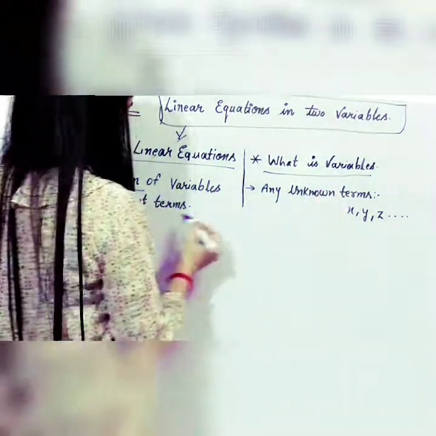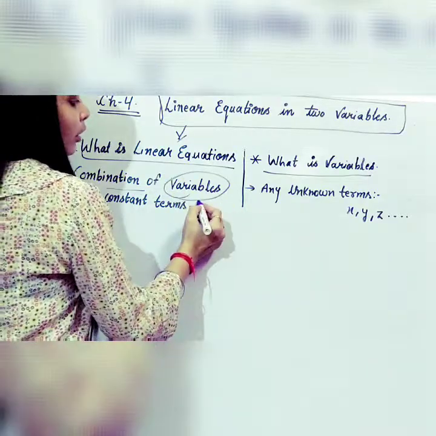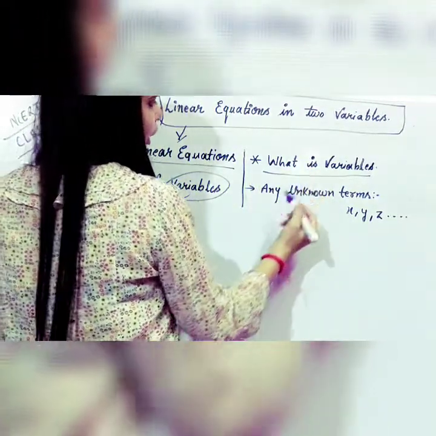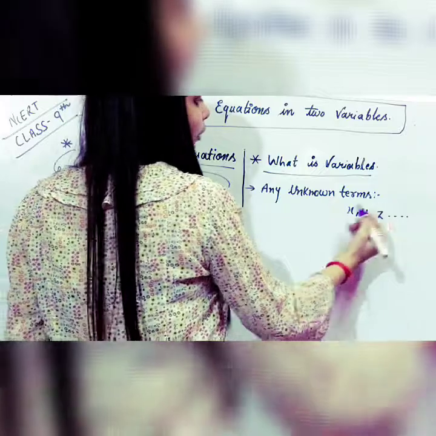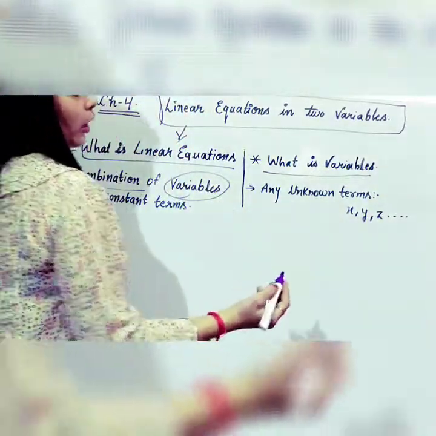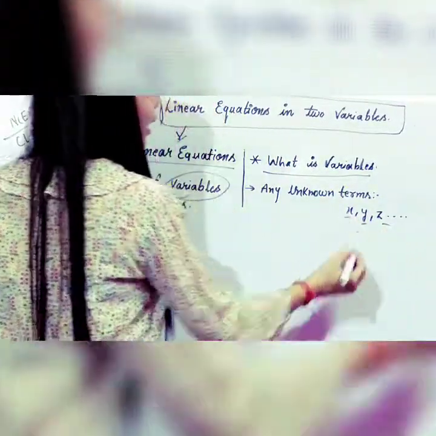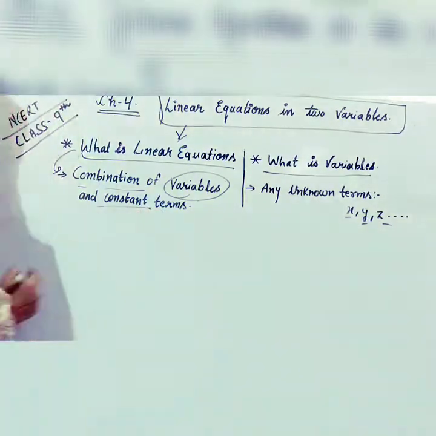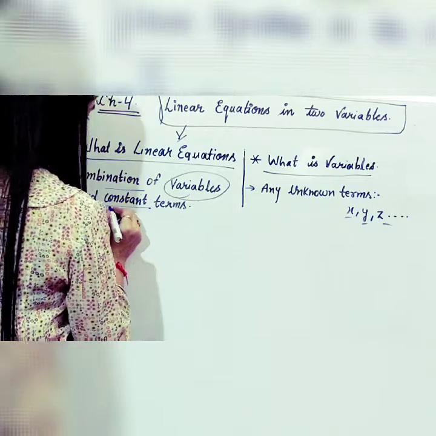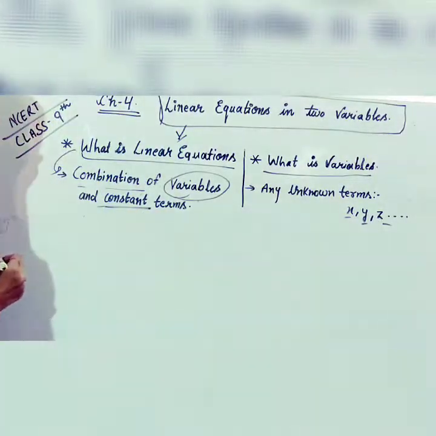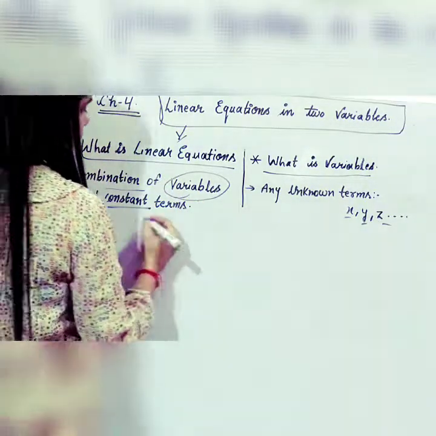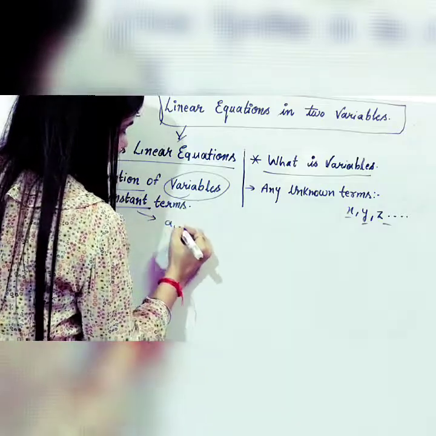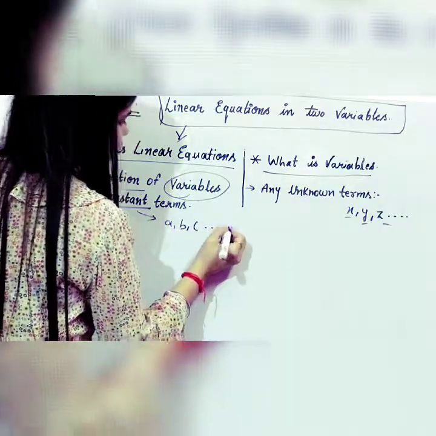And what is a variable? This variable, its definition is: any unknown terms. We have to find the value of these unknown terms like x, y, z. These are variables. Another term used here is constant terms. I think you all know this very well. The constant terms are any real numbers like a, b, c and so on.